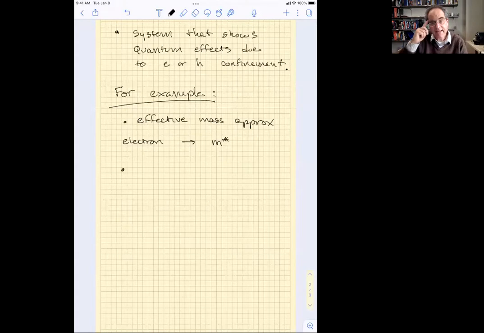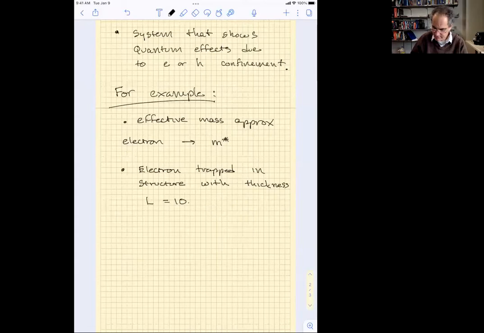And now, with that idea in mind, let's consider the following simple example. Suppose we have an electron that's trapped in a structure that has thickness or width or size of 10 nanometers.